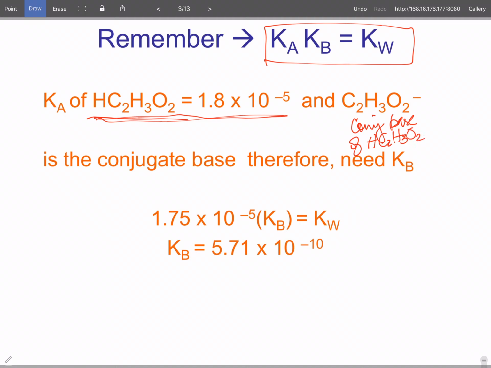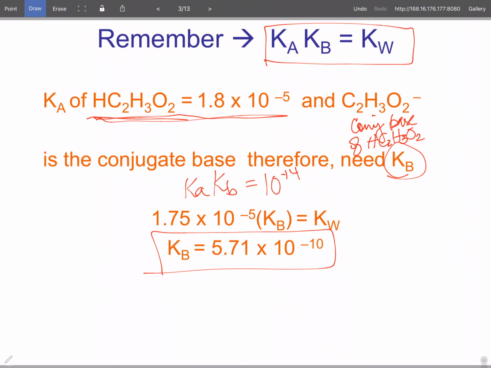So this one would be the Kb associated with the acid. So what we can do is set Ka times Kb equal to Kw, which is 10 to the minus 14th, and solve.